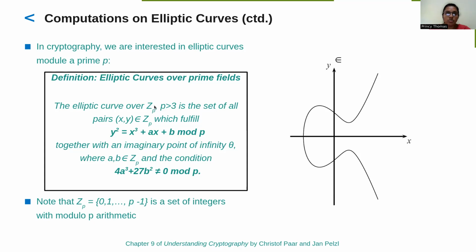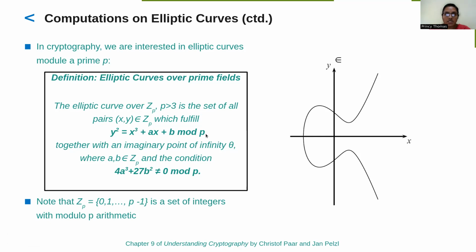The elliptic curve is the set of all pairs x, y which are elements of Z of P and which fulfill the elliptic curve equation. So in our case, we have y square is equal to x cube plus ax plus b mod P.